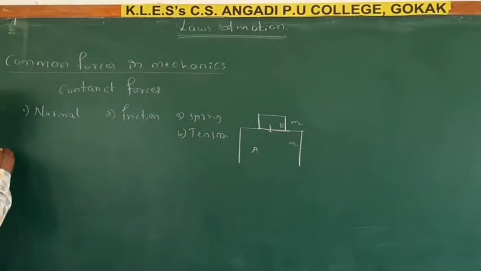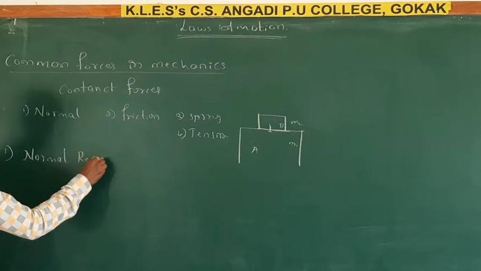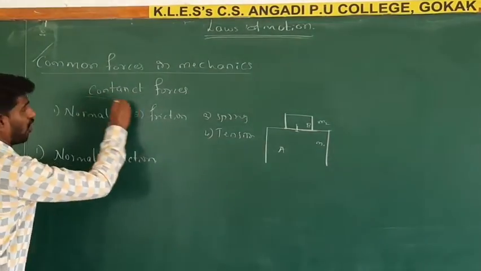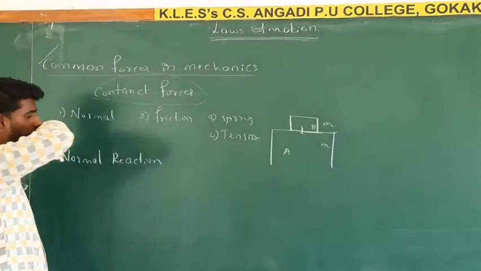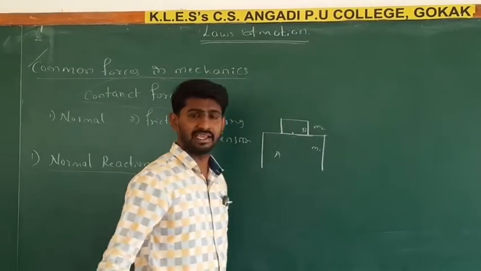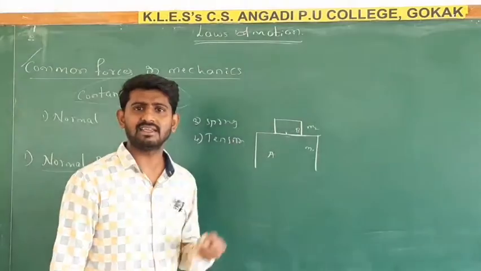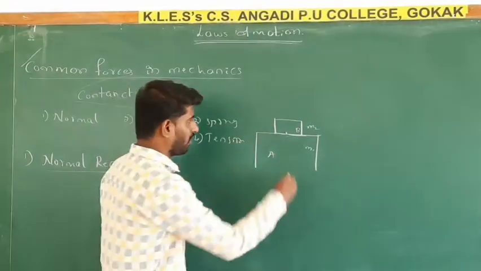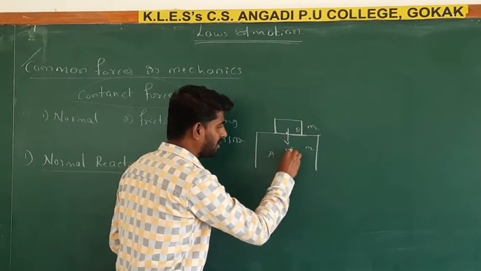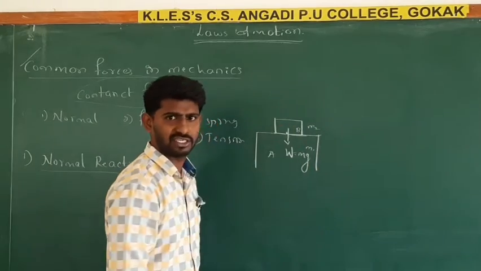First, the normal reaction, which is also a type of contact force. See, body A is lying over body B. It means body B is exerting some force on A. For the force due to A we call the weight, whose value is mass times acceleration due to gravity.